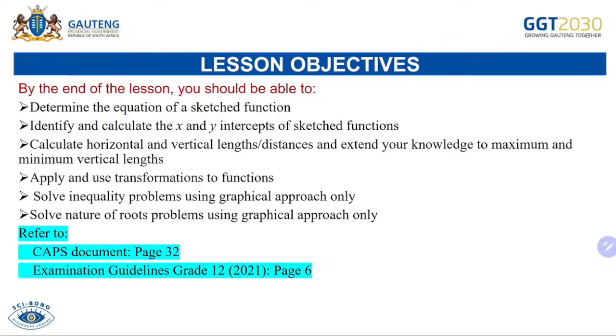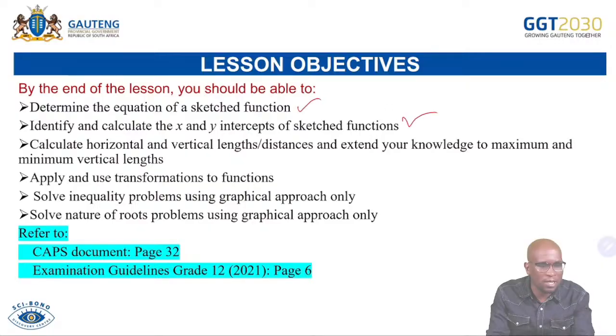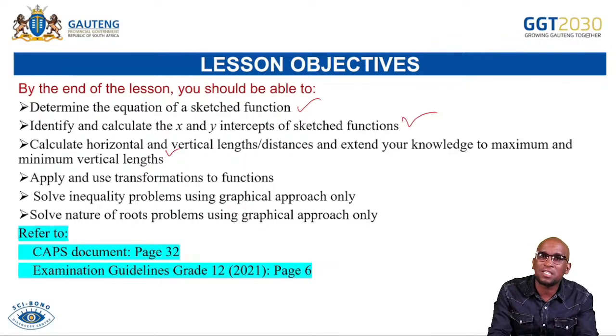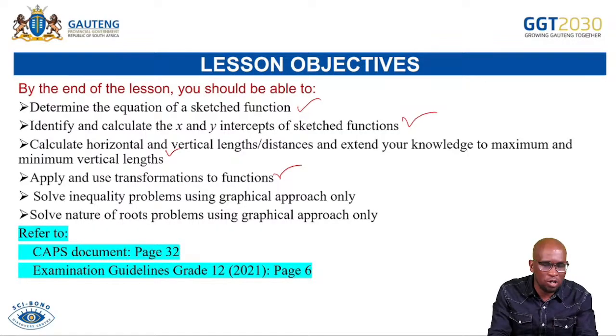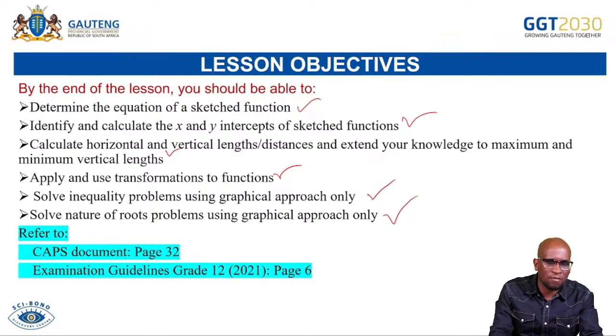To start off, let's look at the lesson objectives. By the end of the lesson, you need to know how to determine the equation of a sketched function, to identify and calculate the x and y intercepts using the dual intercept method, to calculate the horizontal length, the vertical length, the diagonal length, as well as extend that knowledge to maximum and minimum length, apply transformation in the context of functions, solve inequality problems by graphical approach only, and solve problems that involve nature of roots using graphical approach only.